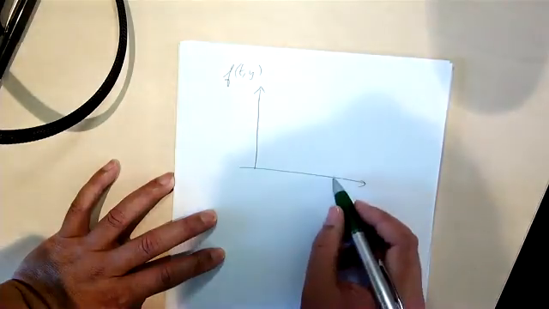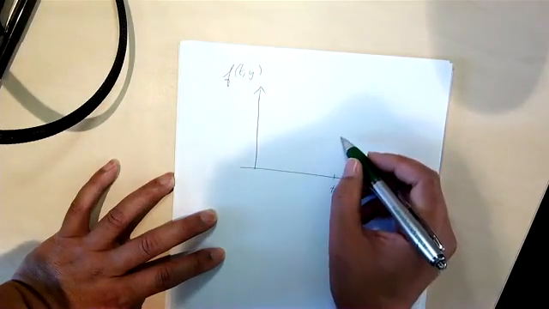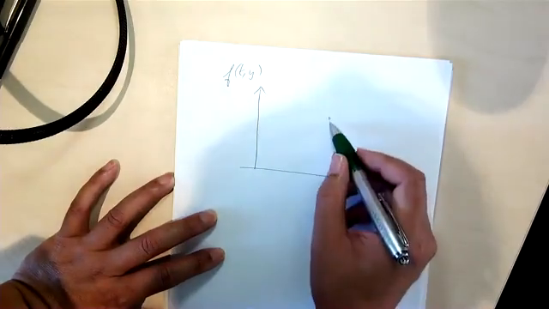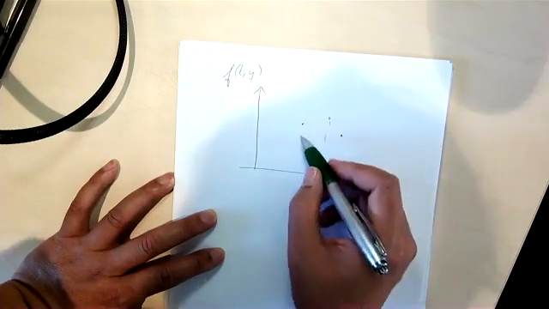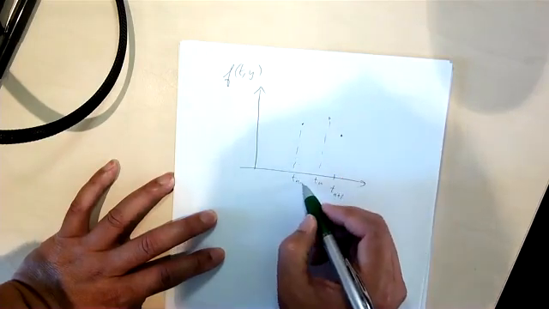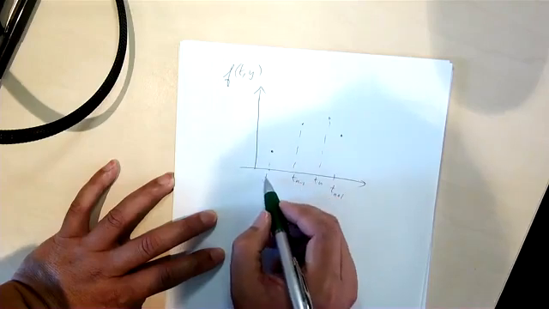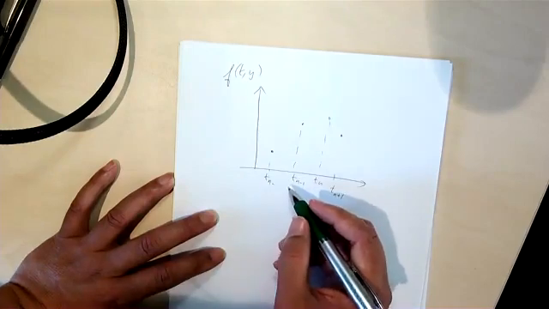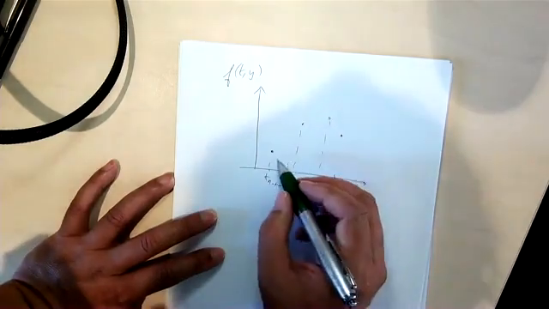And then this one is your Tn plus 1. So suppose your function, so this one is Tn and Tn minus 1 and so on, up to here. So this one is Tn minus r plus 1. Okay, so your function f looks like this.